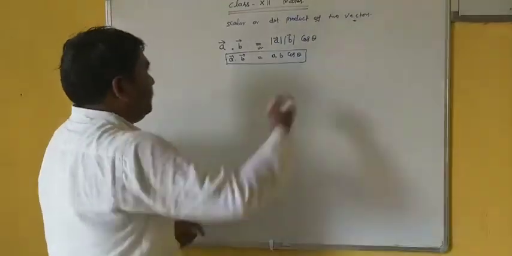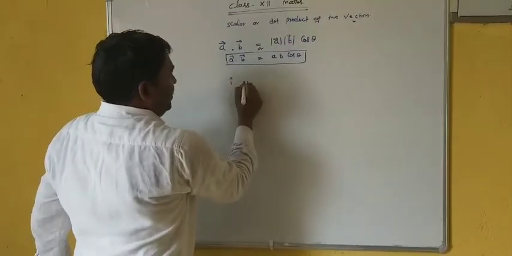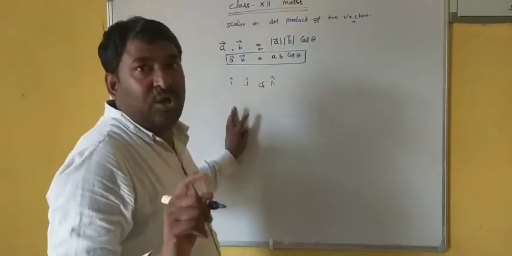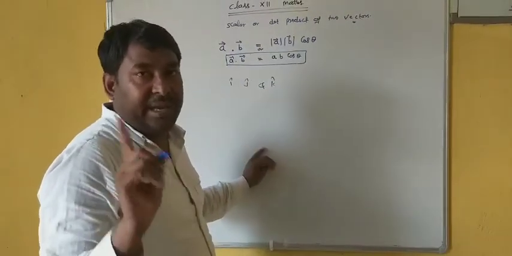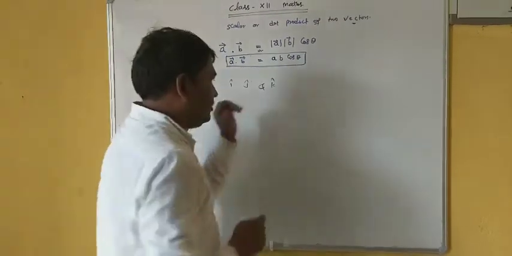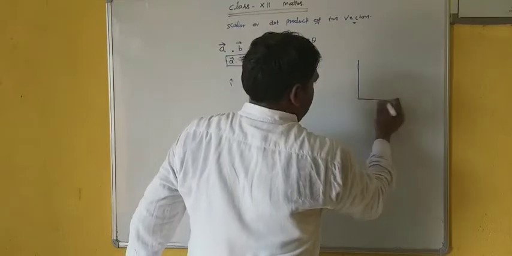As we know that i cap, j cap and k cap are unit vectors along the x-axis, y-axis and z-axis.